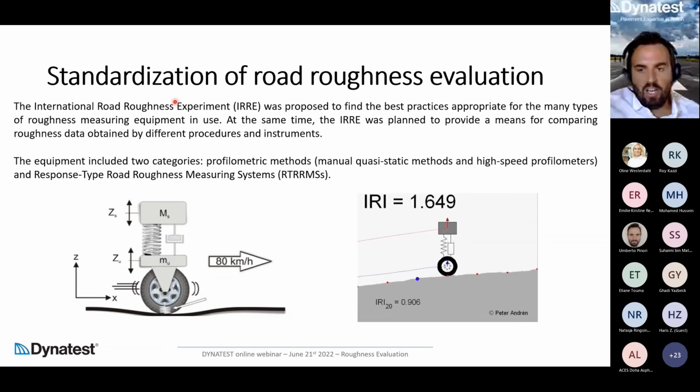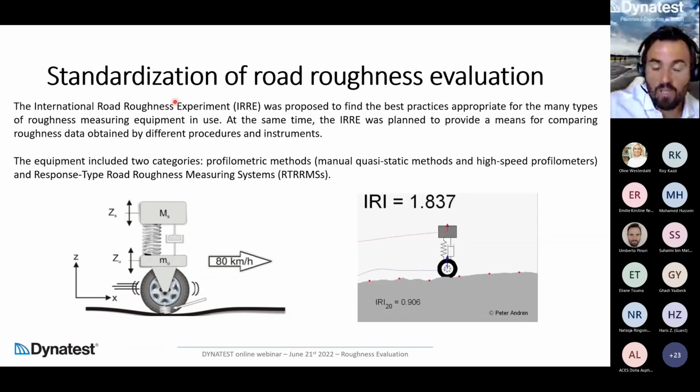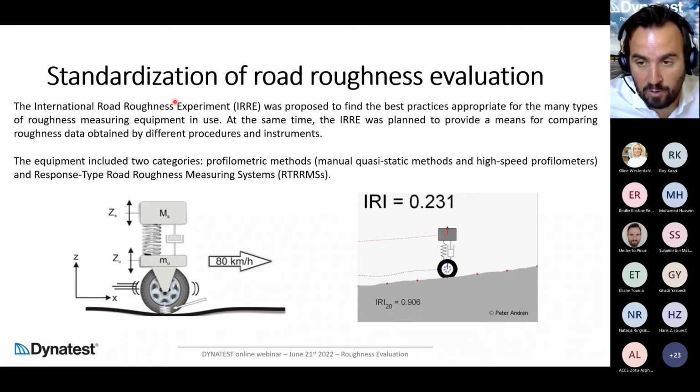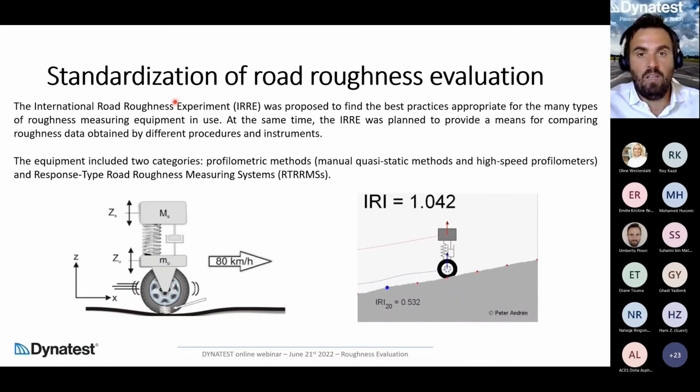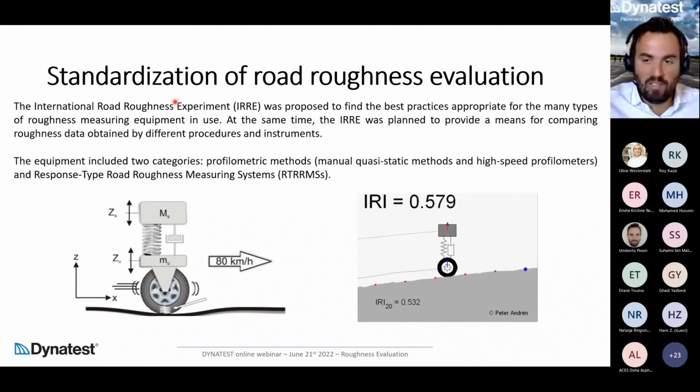So, which parameters can be used to evaluate the roughness? The most used one is the International Roughness Index, the IRI. IRI simulates a car using a model with springs and dampers and some masses that simulate the car mass and the tire masses.